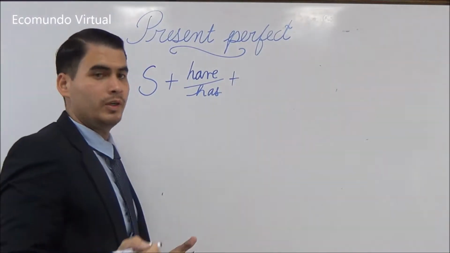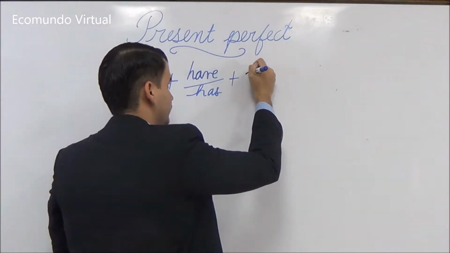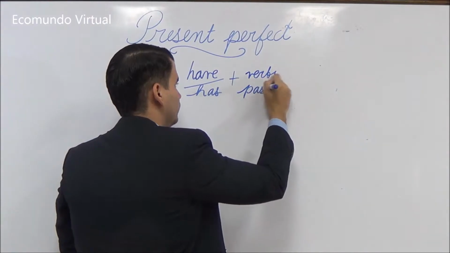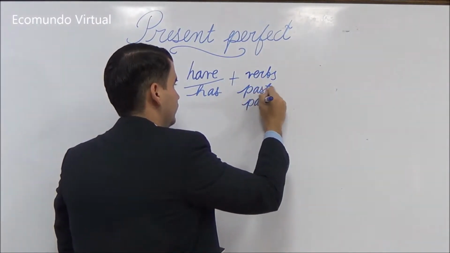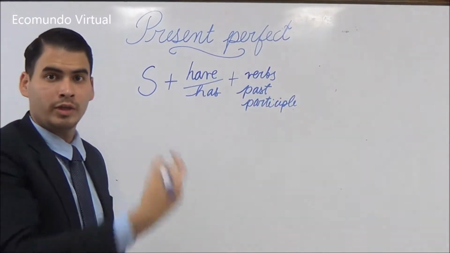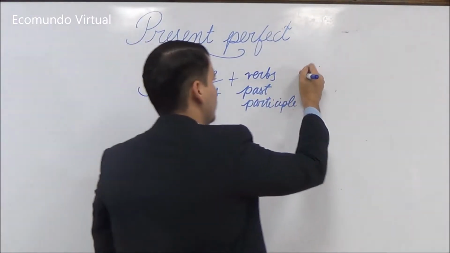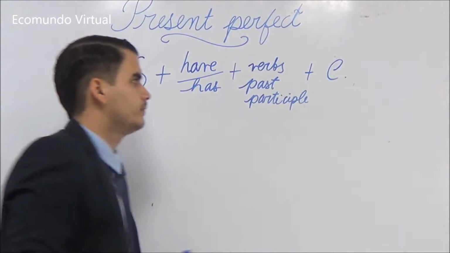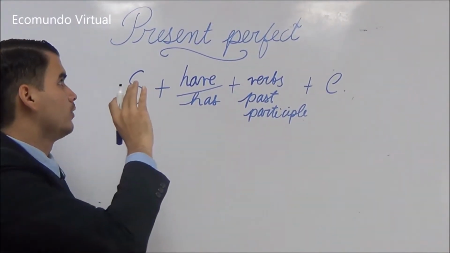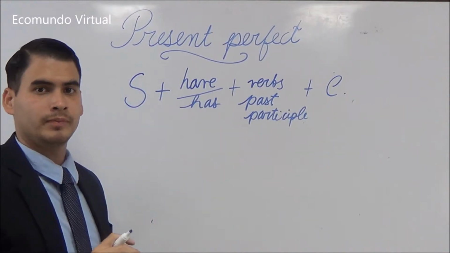Then we have the verbs in past participle. Remember? The irregular or the regular verb. And finally, the complement. This is the correct structure to make the present perfect.